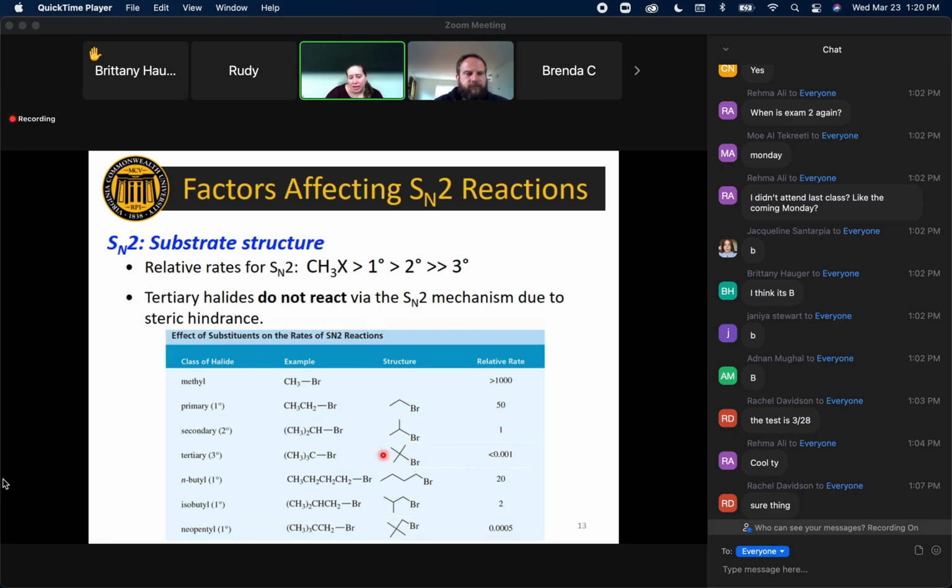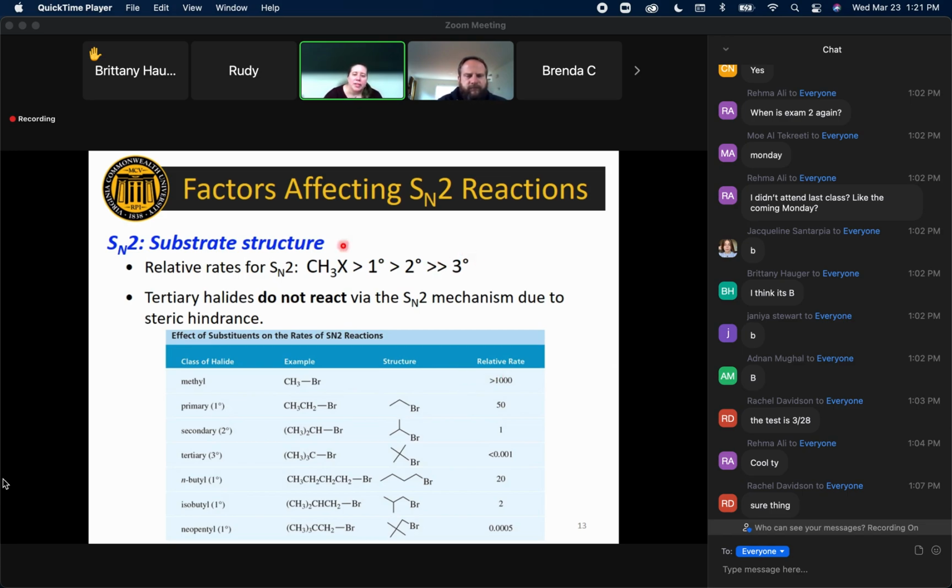If we go the opposite direction and pop another methyl group on, then our rate becomes more than 1,000 times slower by making that a tertiary alkyl halide. So you can see the dramatic difference here. You can also see if we go from this primary alkyl halide to a methyl halide, that's a pretty significant increase in rate as well.